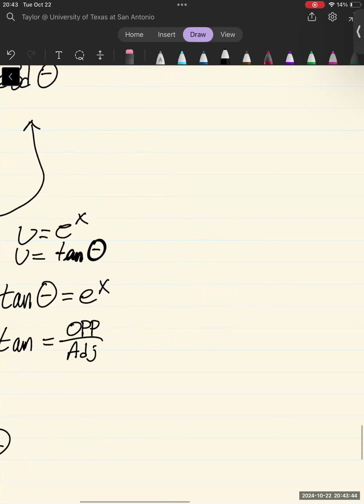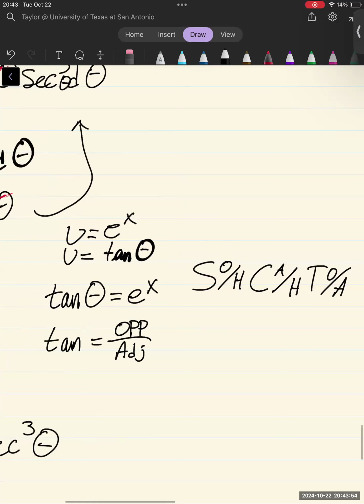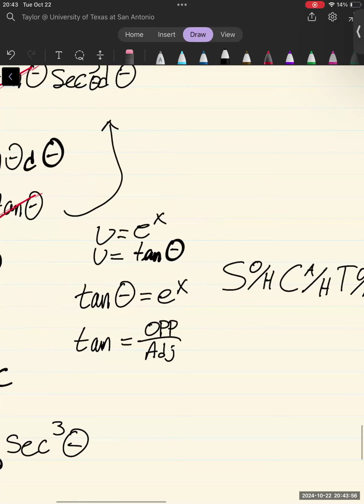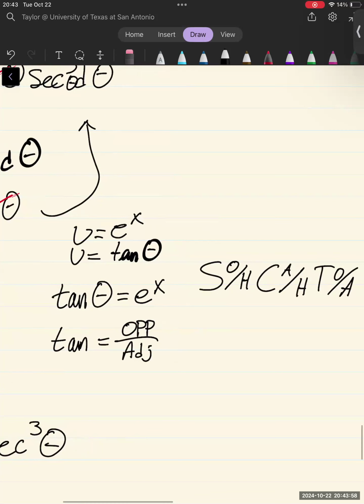Actually, if you don't remember that little mnemonic, SOHCAHTOA, S-O-H, C-A-H, T-O-A. So I know that in my reference triangle here, I am working opposite. So this is the opposite.